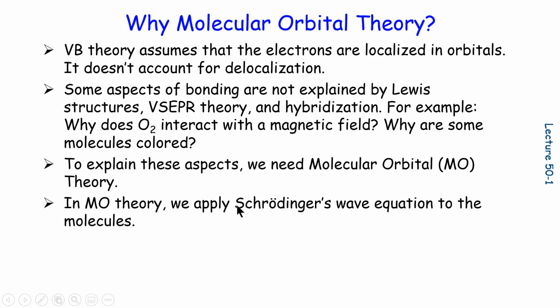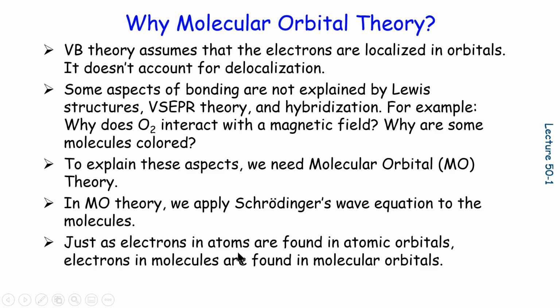You may recall the Schrödinger equation. We learned that in previous lectures. In MO theory, we apply the Schrödinger's wave equation to molecules. When it comes to where we can find electrons, in atoms all electrons are found in atomic orbitals, and then in molecules, all electrons are found in molecular orbitals.